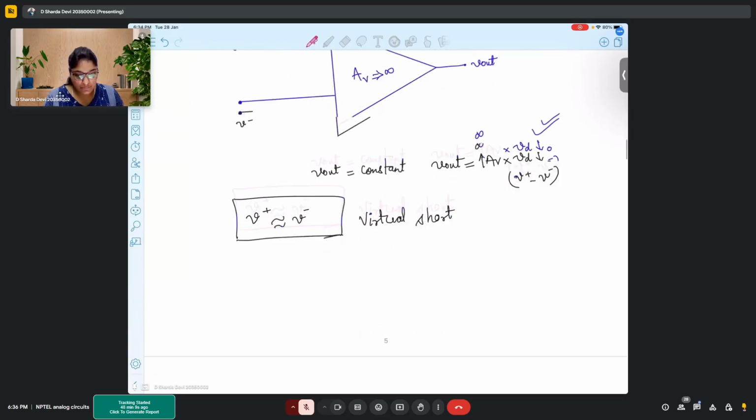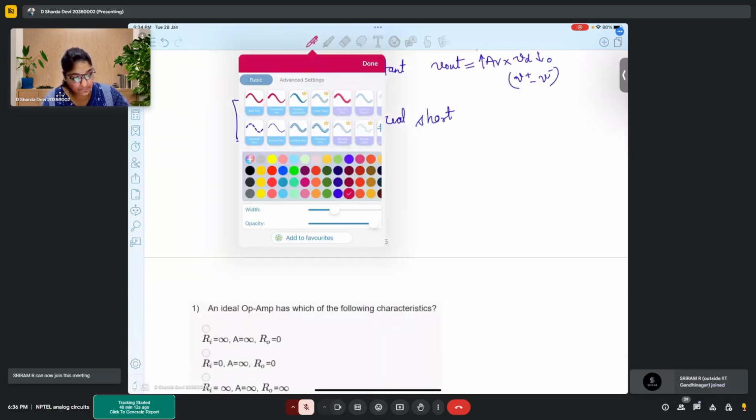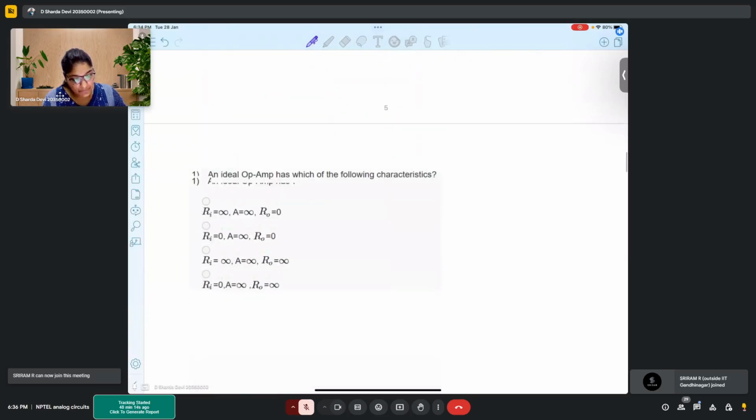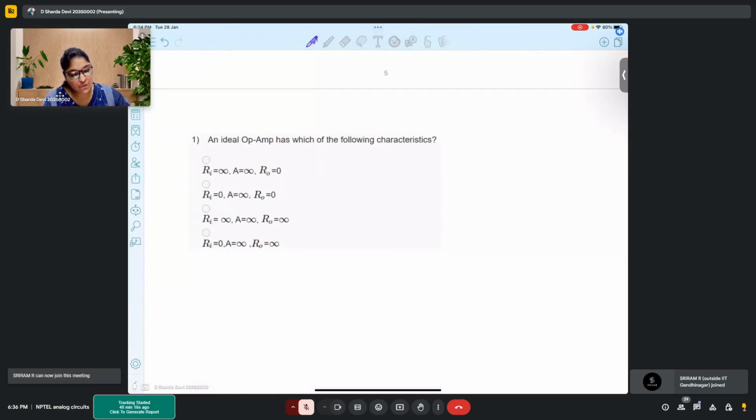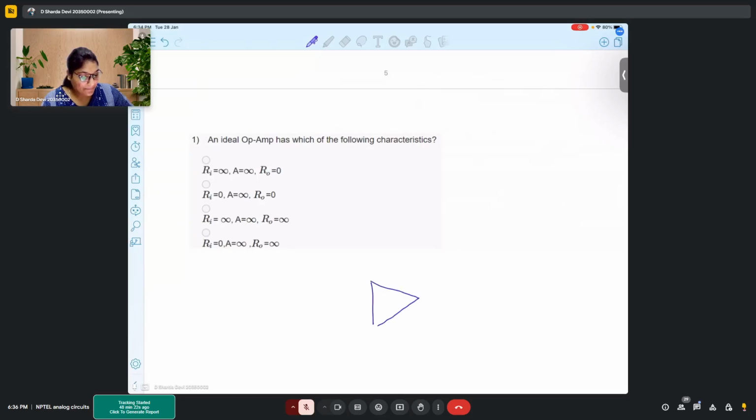Okay. So let's move on to our first problem. In this first problem, it is given that an ideal op-amp has which of the following characteristics? So what did I discuss about an ideal op-amp? What were the behaviors of an ideal op-amp? Gain is infinity. Yeah, we can say that gain tends to infinity.